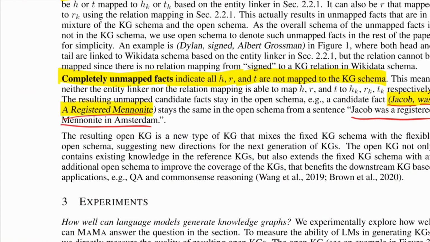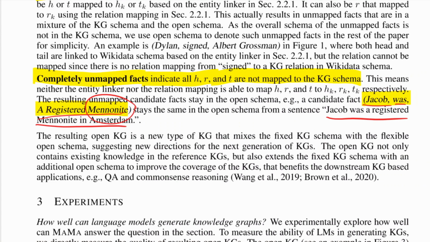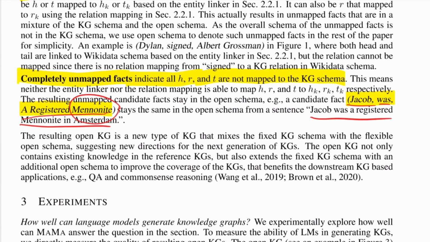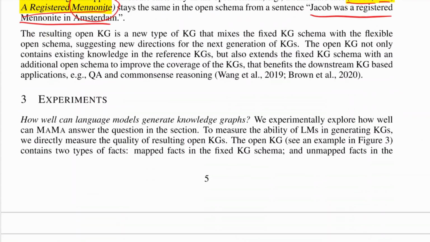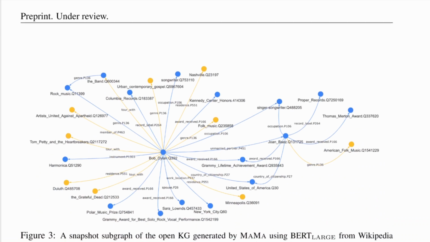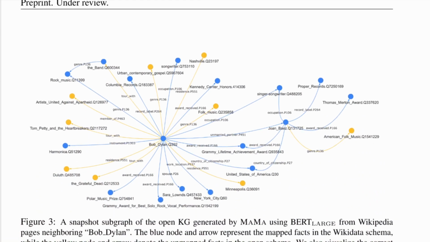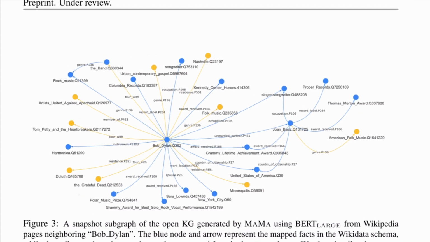And I'm also pretty sure that Mennonite is large enough that it would actually appear as an entity. Maybe Jacob not, right? Maybe Jacob is an unknown Jacob. We don't know who Jacob is. But this seems more like a failure of the entity linker and relation linker than an uncovered new relation or an uncovered new entity. So, yeah, take this stuff with a grain of salt. Now, they are very honest about this, but just to say that that's probably what happens most often.